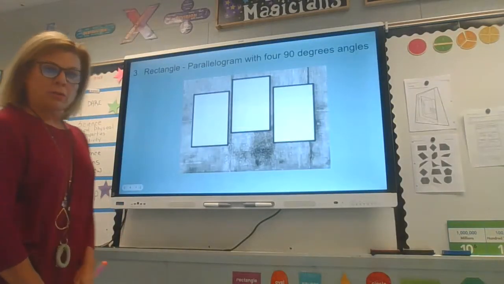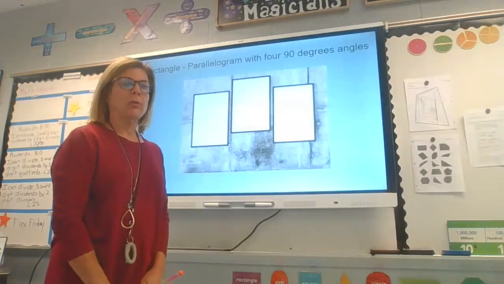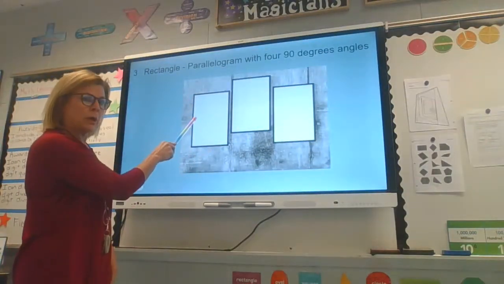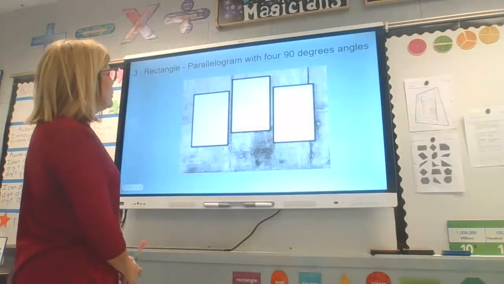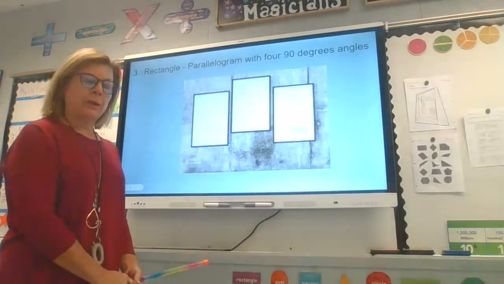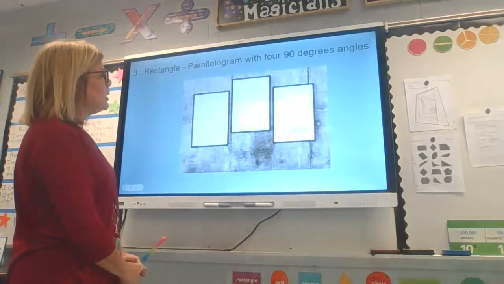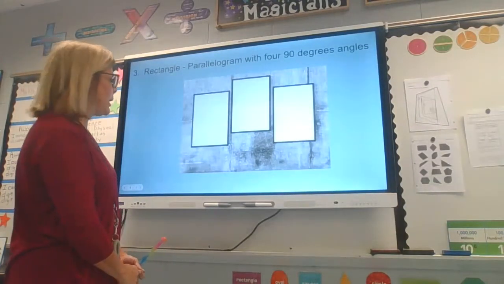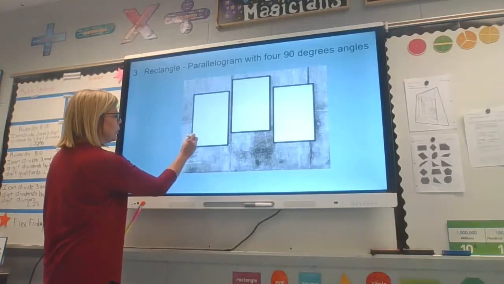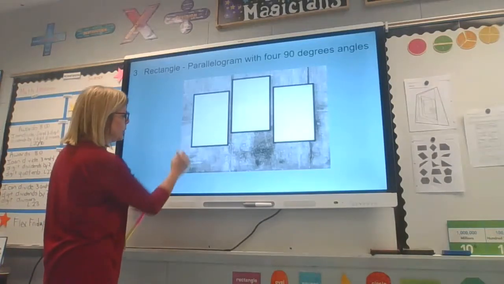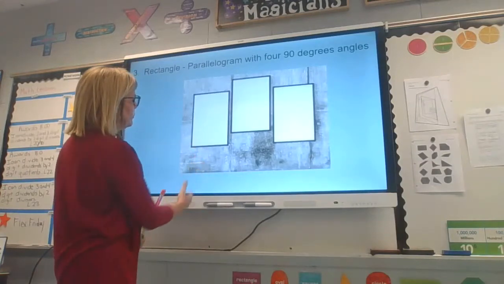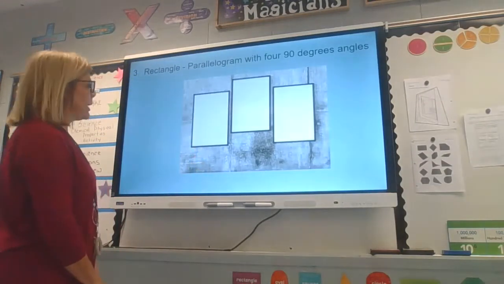The next shape I want to go over with you is our rectangle. Our rectangle is pretty common. Everybody should be familiar with that. A rectangle is a parallelogram with four 90-degree angles. And you can look at your 90-degree angles when you can draw right here and make your 90-degree angle in the corner.